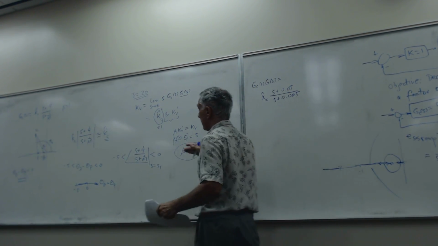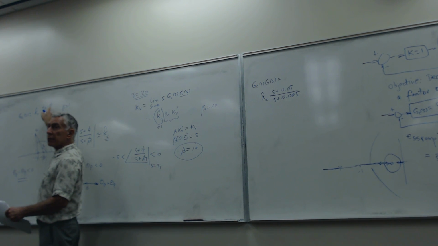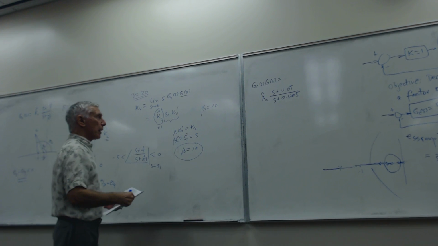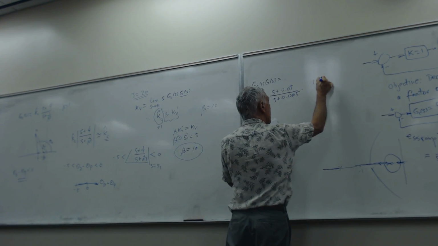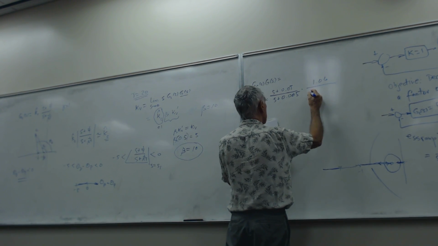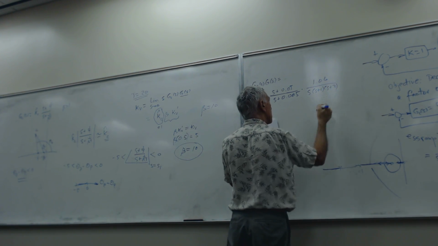That's what the pole would have to be, 1/10 of this zero here. And then we have 1.06 divided by s(s + 1)(s + 2).